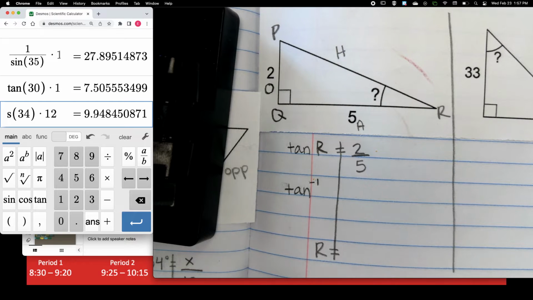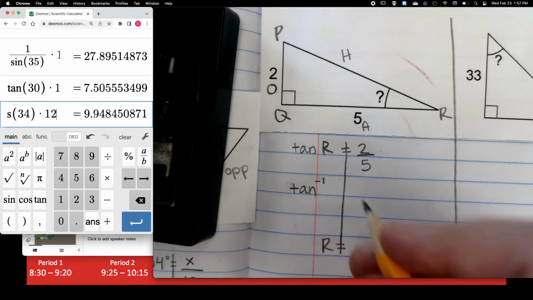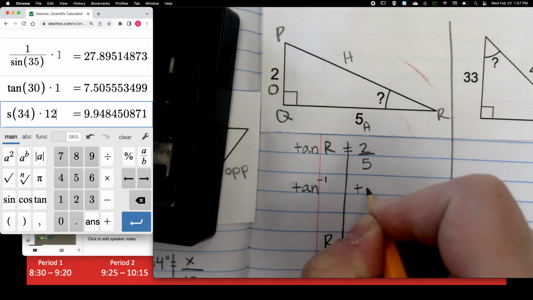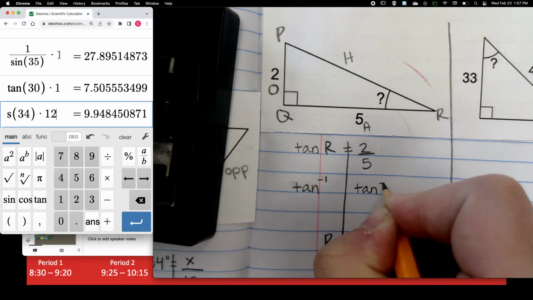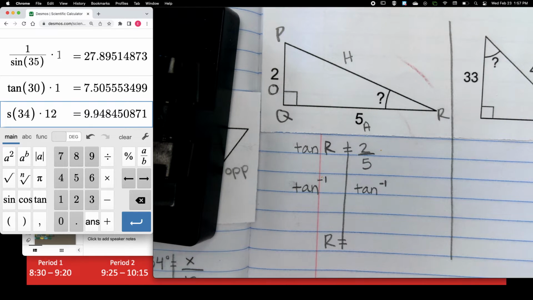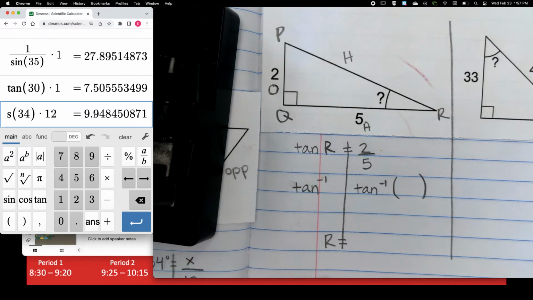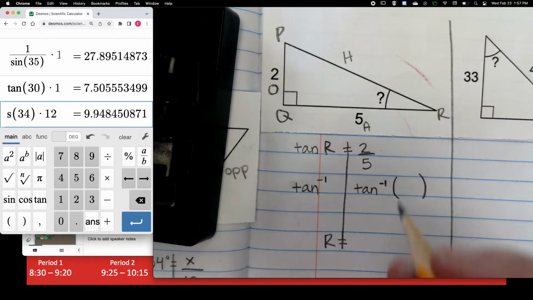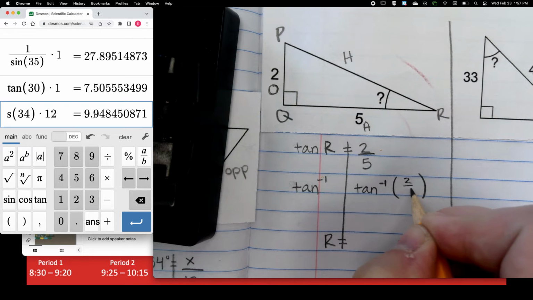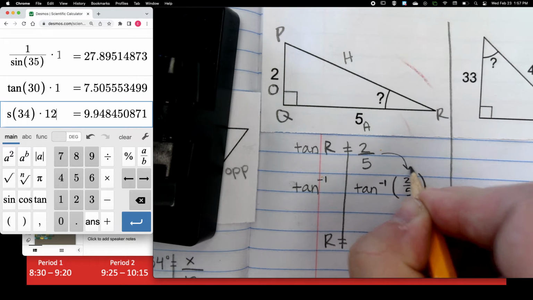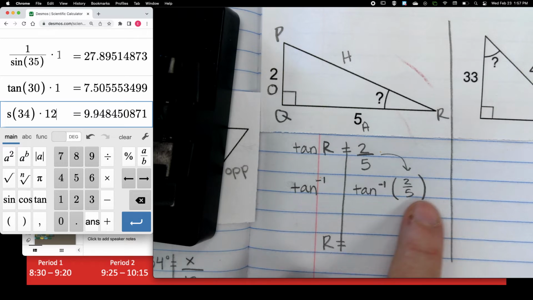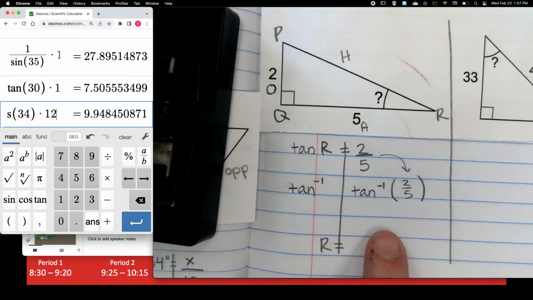And then we'll be left with just the R. But if I do that to one side, I have to do it to the other side. So on this other side, I'm going to do tangent inverse, that's that -1. And I'm going to just carry down that fraction that we were using. What fraction did we have? 2/5. I'm just pulling that down. So this is the part that I'm going to put in my calculator.